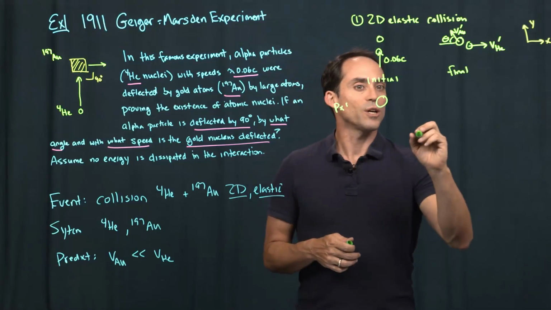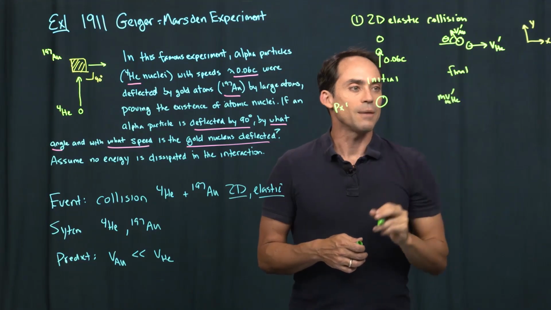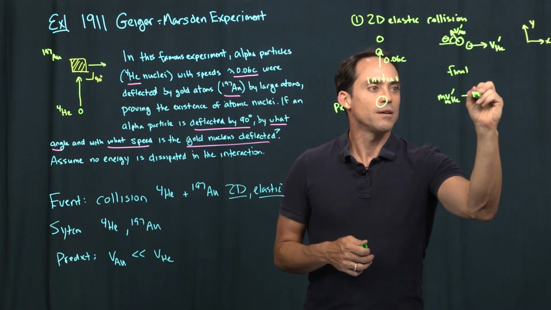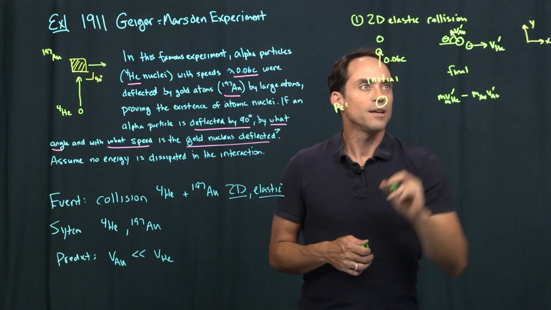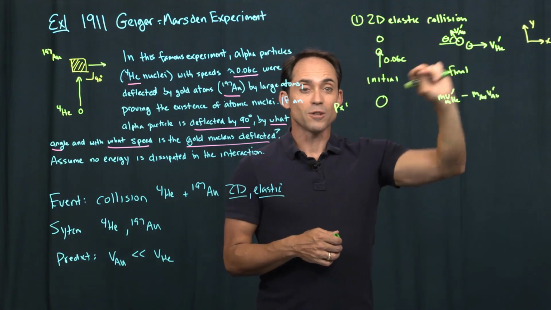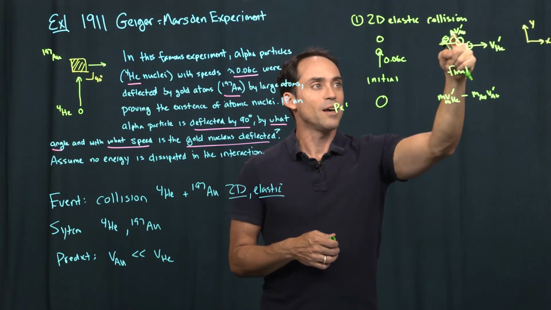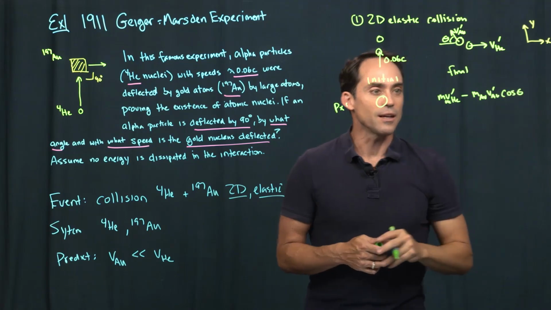In the final case, we're going to have all of the momentum of the helium nucleus, so the mass of the helium nucleus times its speed, and we're also going to have a minus the mass of the gold nucleus times its speed times the trigonometric function of the angle. And if we look at this carefully, we're looking at this axis, so that must be the adjacent side for the angle. That's the cosine of our angle, cosine theta.